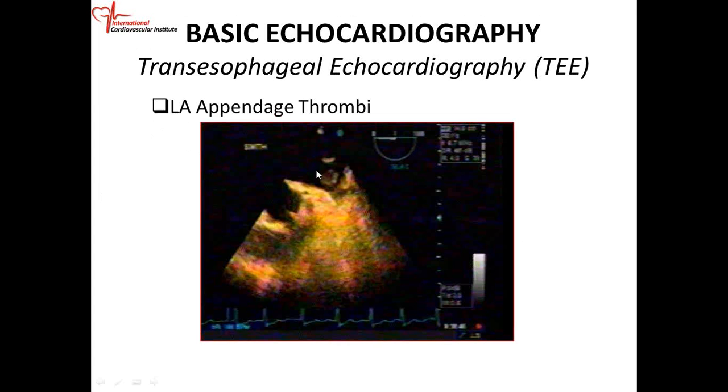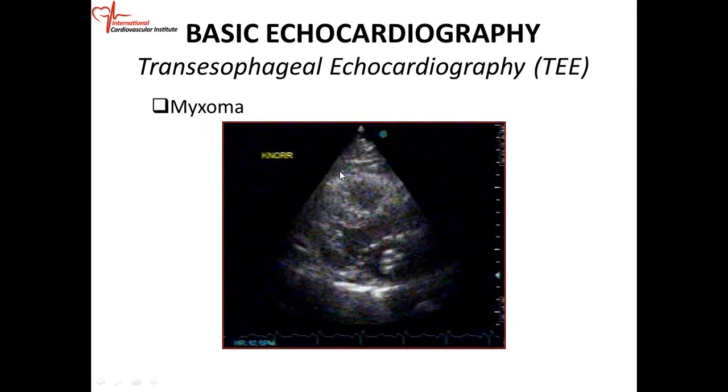Left atrial appendage. So left atrial appendage is a case we actually did, and we postponed electrocardioversion. We gave the patient a little bit more anticoagulation, and then did the cardioversion at a later time. Myxoma. This is not a transesophageal echo, you should know that, but we found the myxoma with the transthoracic, and then we moved on to a TEE.